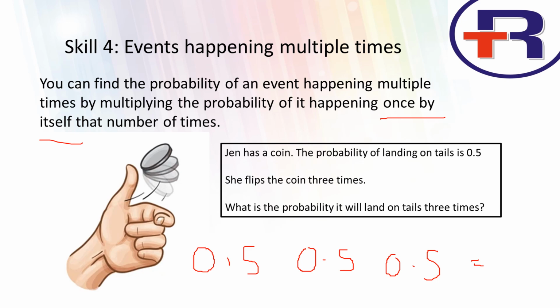So what we need to do now is multiply these together. 0.125. There's a 0.125 chance that will happen 3 times. You can obviously make that into a percentage by multiplying it by 100, which means there's a 12.5% chance.